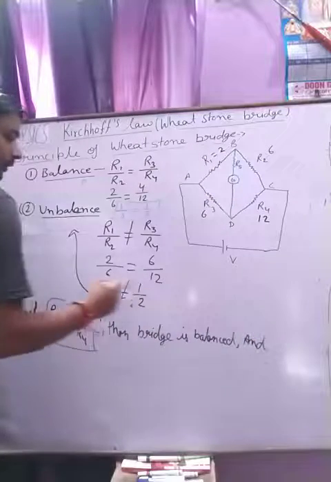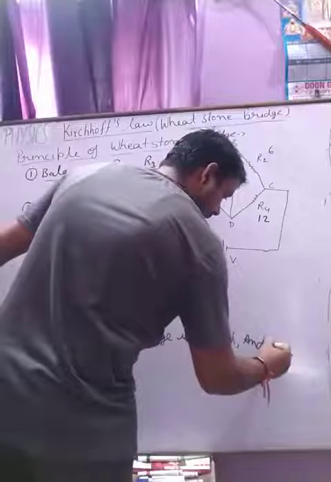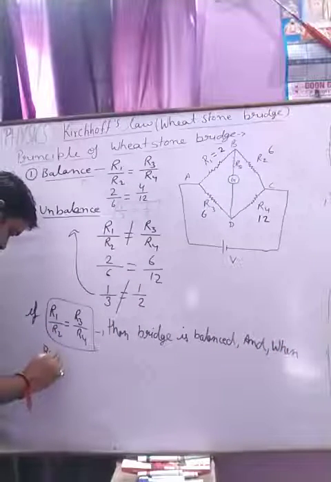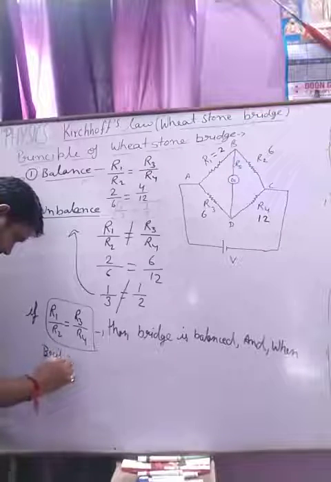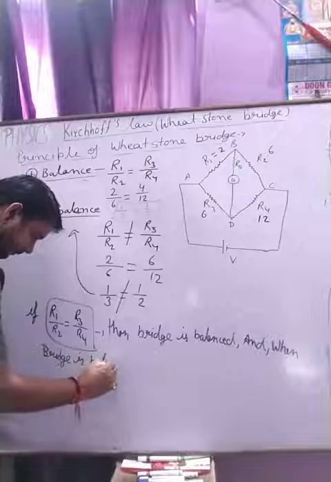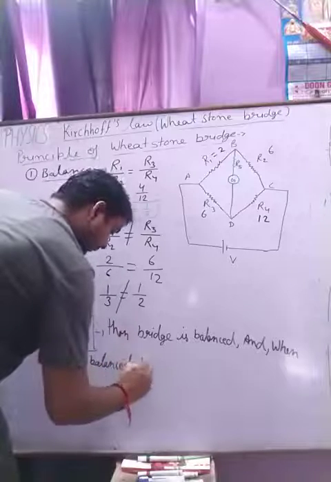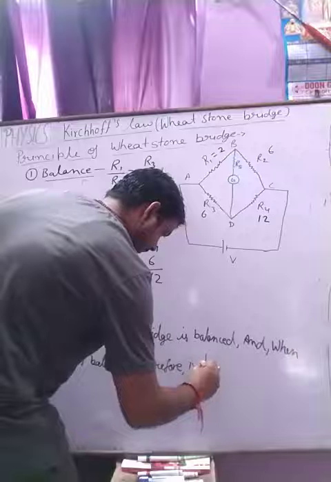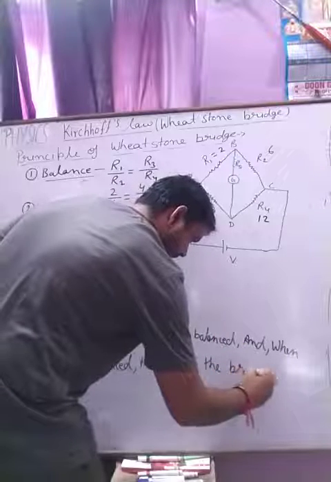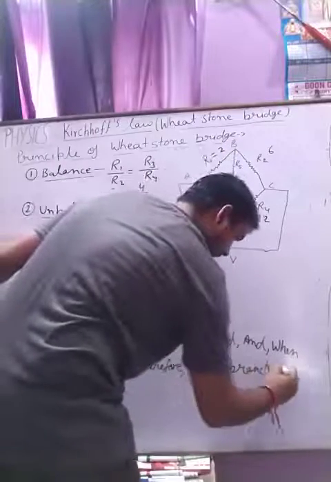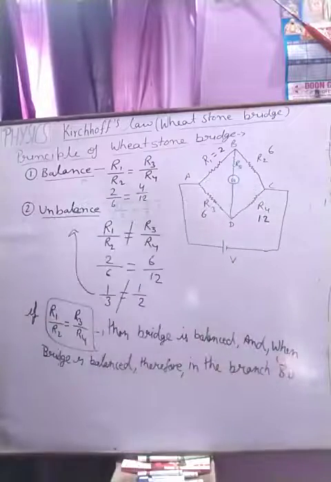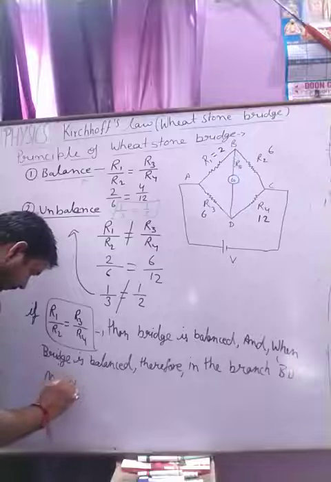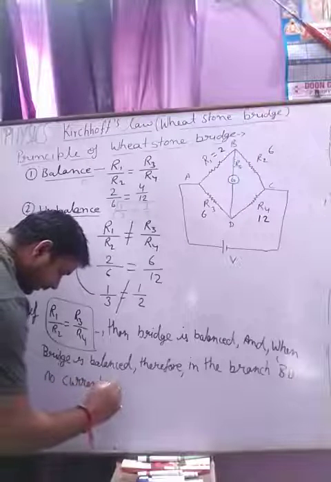And when the bridge is balanced, therefore in the branch BD, no current is passing. In the branch BD, no current is passed.